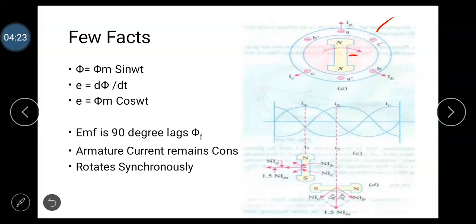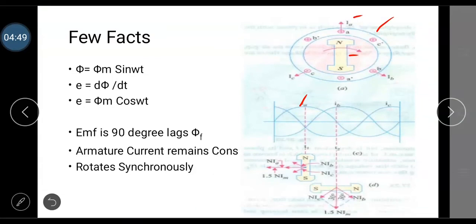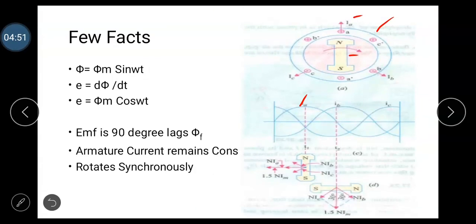Once the three-phase current flows, definitely flux will be produced. Here we have considered two poles, so the flux is also a two-pole flux. For example, if you notice here, IA is maximum. In that case, the A, B dash and C dash conductors will carry inflowing current, towards the inside.